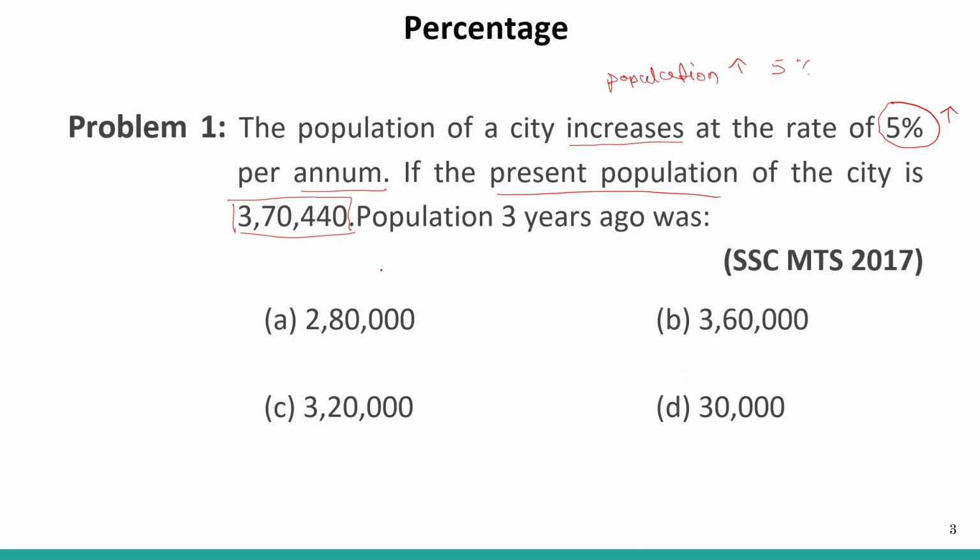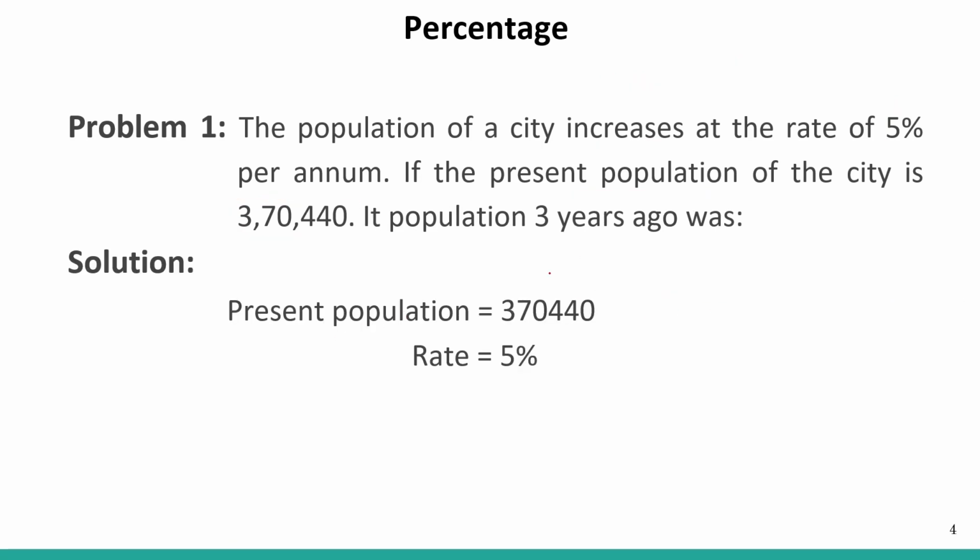So how to proceed with this problem? We need to calculate the population 3 years ago. Let the population 3 years ago be X. This is an assumption. The present population is 3,70,440, and every year the population increases by 5%.